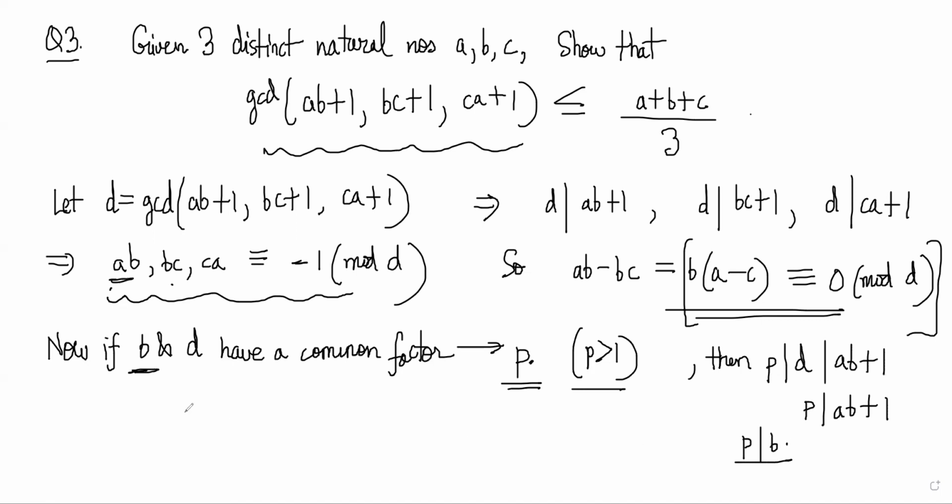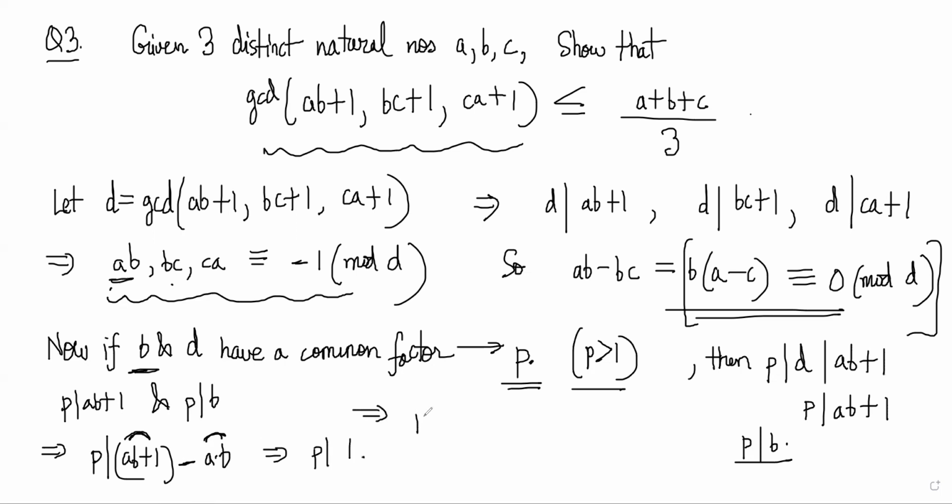So that means P divides AB plus 1 and P divides B. So P will divide AB plus 1 minus A times B, because this is divisible by P and this is also divisible by P. Therefore, P will divide all that. So when you subtract AB from here, we get P divides 1, which means P is equal to 1. Basically, what we have shown is that B and D cannot have a common factor. The common factor P must necessarily become equal to 1, right? So we are getting B and D are co-prime.